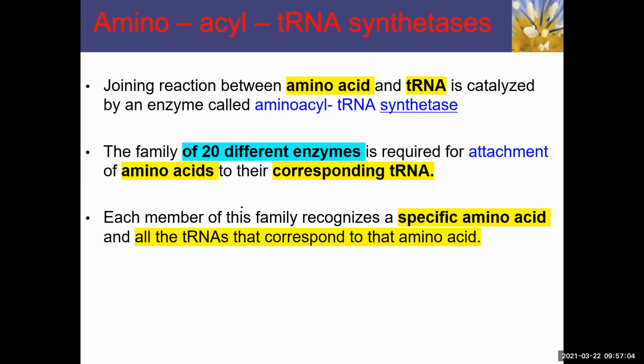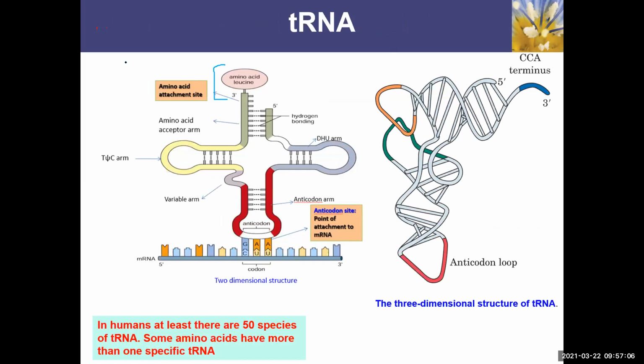And every enzyme here has a specificity, because this is a very, very crucial step. If there's any mistake over here, the protein synthesis is not going to be normal. That is why every amino acyl tRNA synthetase is specific for that amino acid in the tRNA.